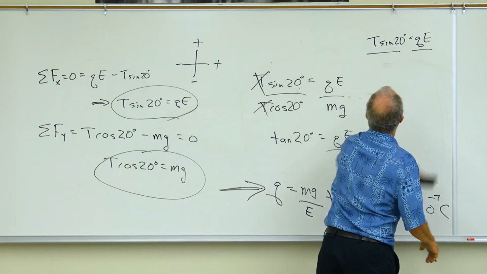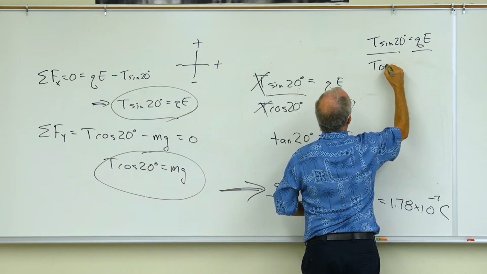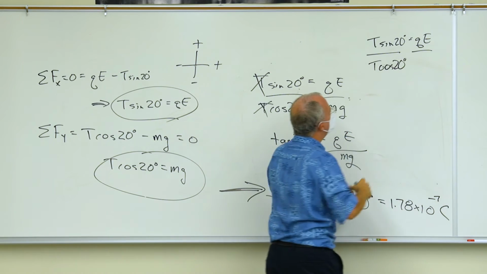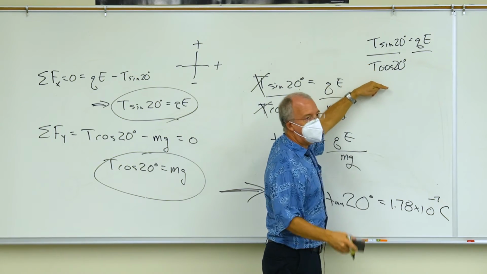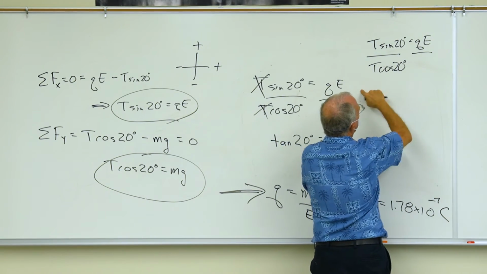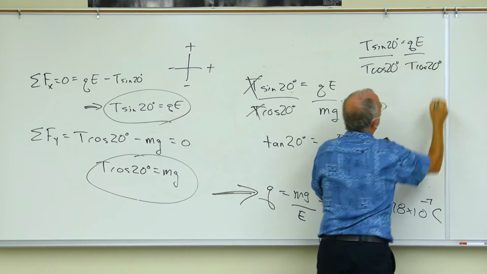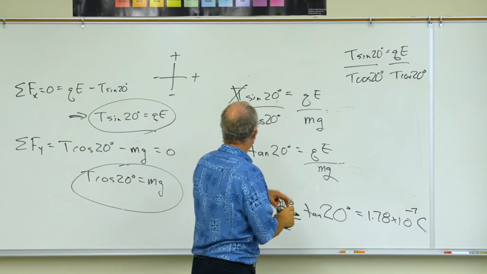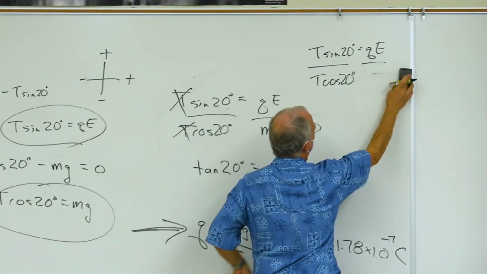So I'm going to divide this by T cos 20, and I do that because I don't know T, so it will cancel, and I know sine over cosine is tangent. Now, if I do it on the left, I got to do it on the right. So I'm going to divide this by T cos 20. But look, T cos 20 equals mg. So can I just put mg?